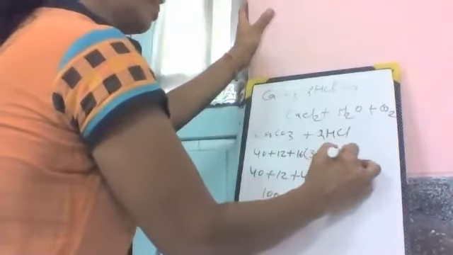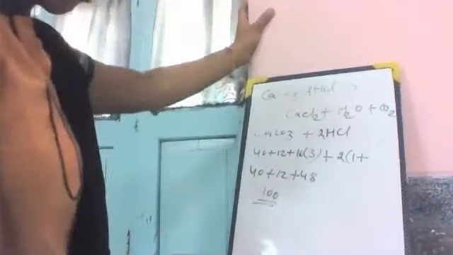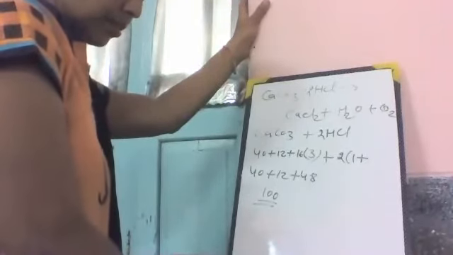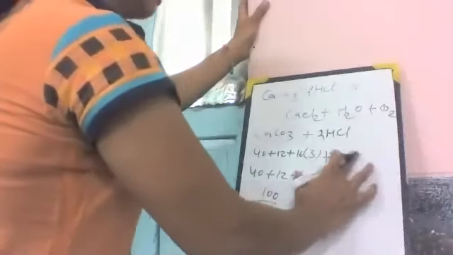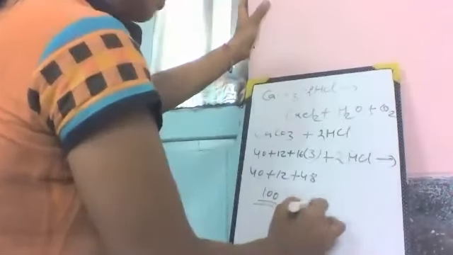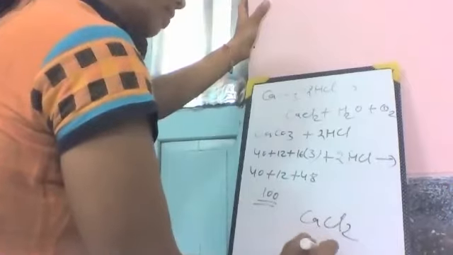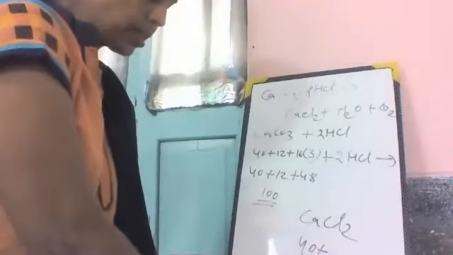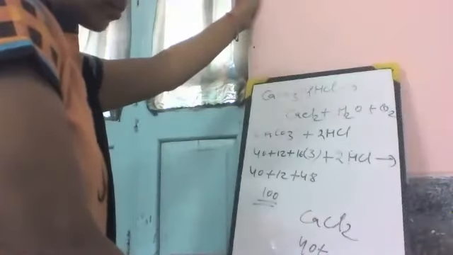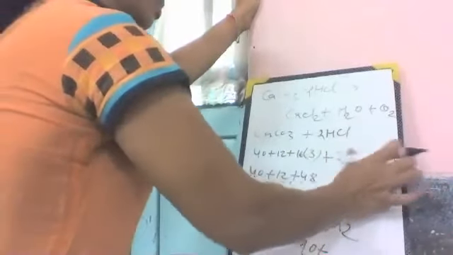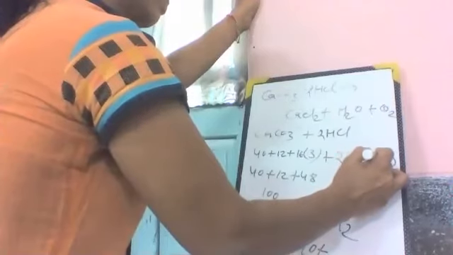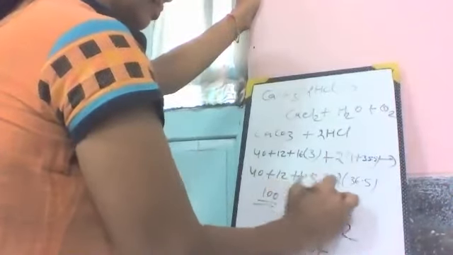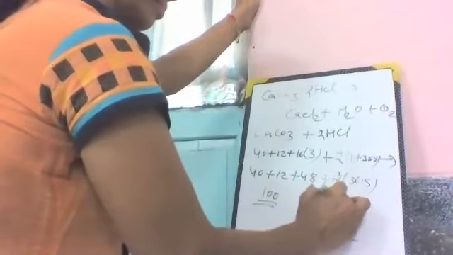HCl twice is 2 multiplied by 1 plus 35.5.